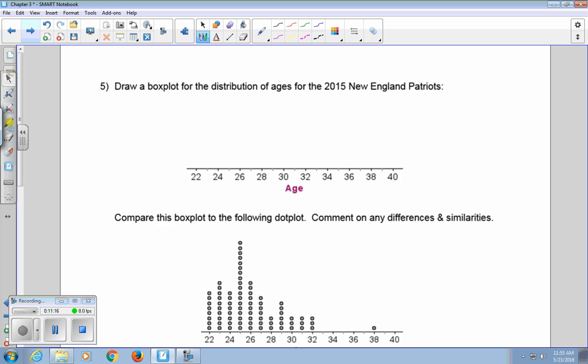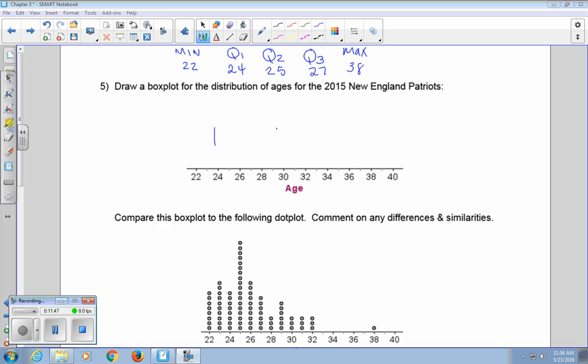So let's draw a box plot for the distribution of age for the New England Patriots, which is the data set that we saw on the first page of today's notes. To be helpful, I'm just going to copy over the 5-number summary so that we can use that to draw our box plot. Remember that the actual rectangle goes from Q1 to Q3. In our case, that's 24 to 27.